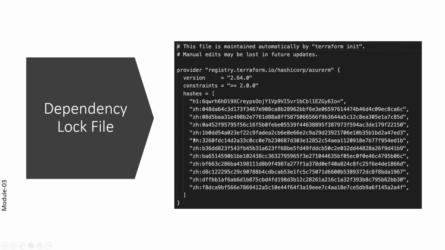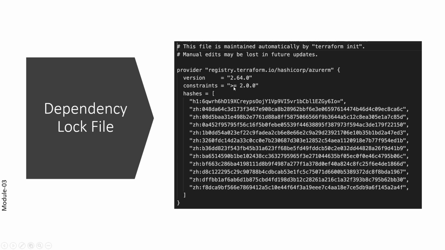Okay, this is how it looks. Let me show you. If you see here, this is basically a hash, this is the hash algorithm they use for your dependency lock file. If you just see here, this is a version, and the version is nothing but your provider version. This is the constraints. Constraints are what you mention in your providers.